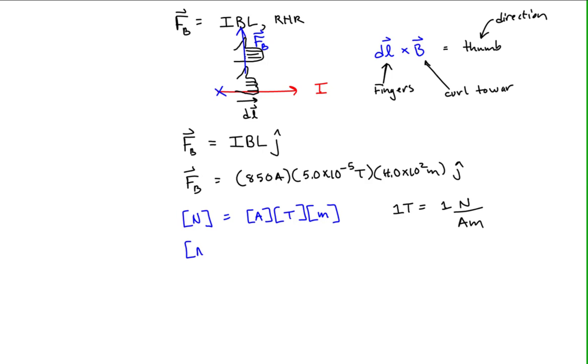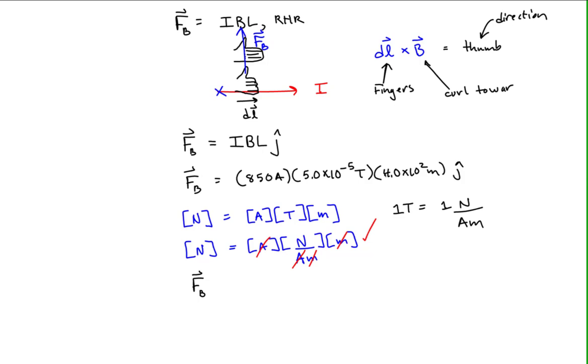So this means that we have an amp, a Newton per amp meter, and a meter. I see here that the amps cancel with the amps, the meters cancel with the meter, leaving us with a Newton on the right side, which confirms our units. Now we're ready to plug this into our calculator. Since our units check, I feel pretty good about the work we've done.